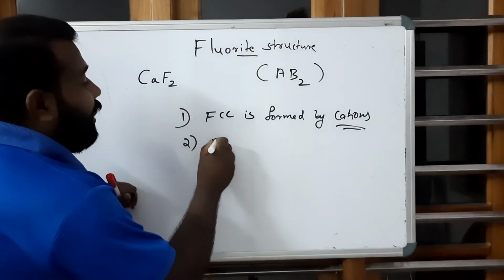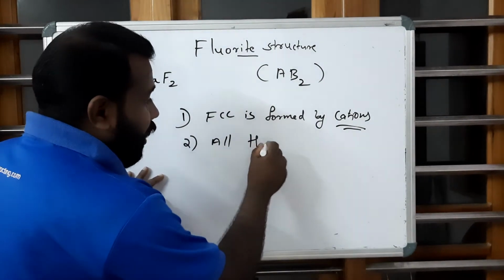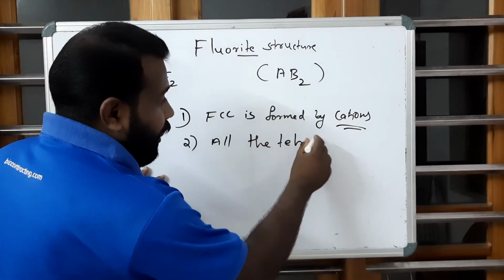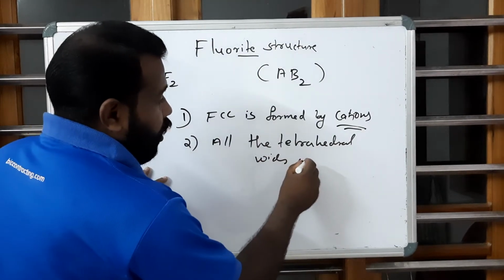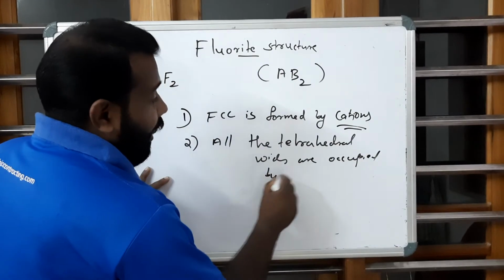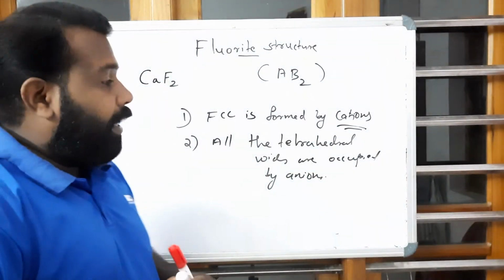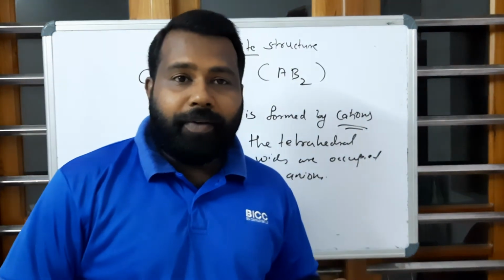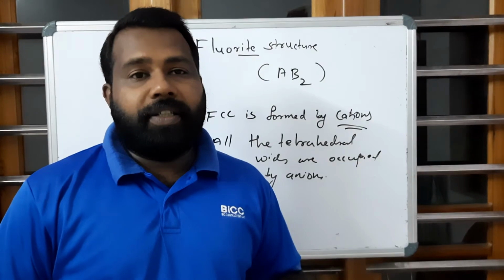All the tetrahedral voids, all, not alternate, are occupied by anions. This type of structure is called fluorite structure.